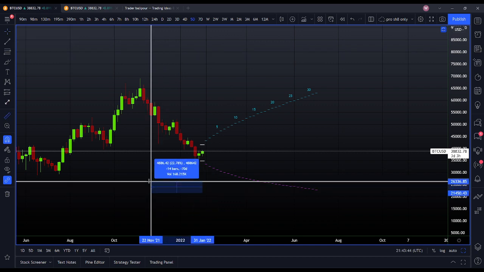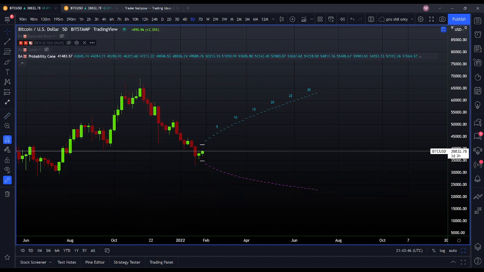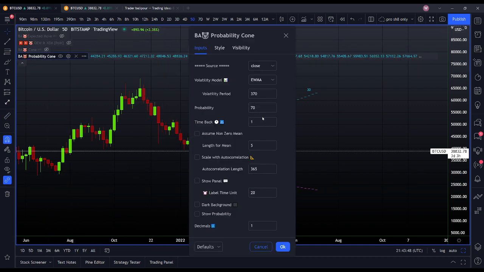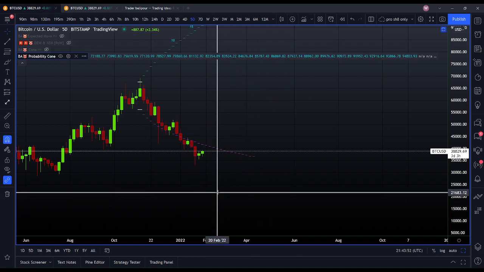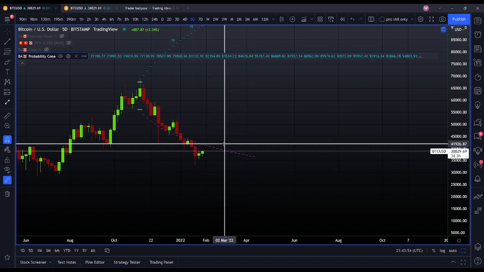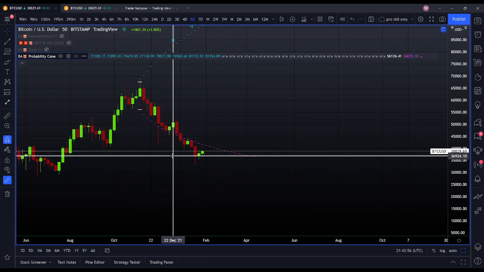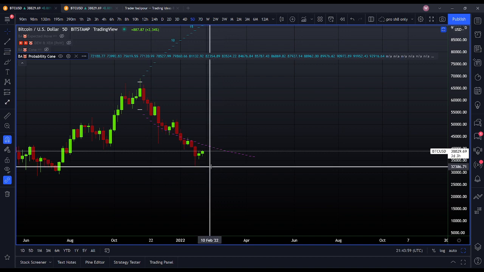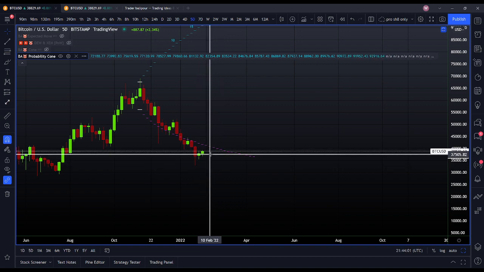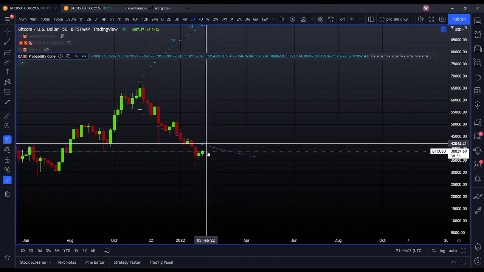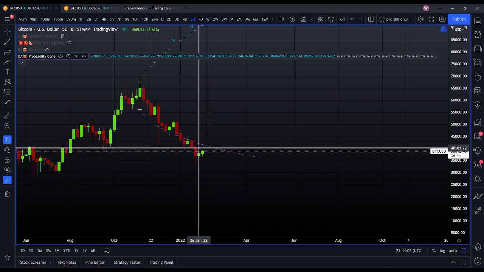We can even go back and check the cone too. We can go back 17 bars if we want and see how that corresponds, and say, okay, well, there's a 30% probability, or we're outside of the 70% probability. That's the best way to say it.